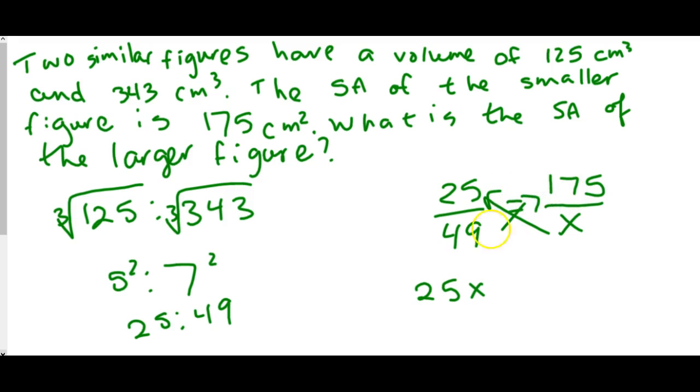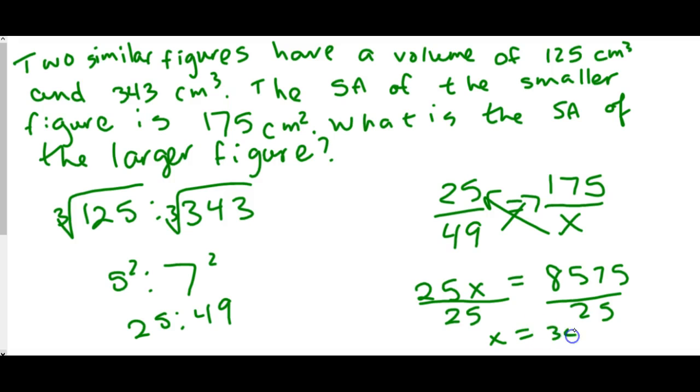Then we do 49 times 175, which is 8,575. And then we divide both sides by 25. So the surface area of the larger figure is 343 centimeters squared.